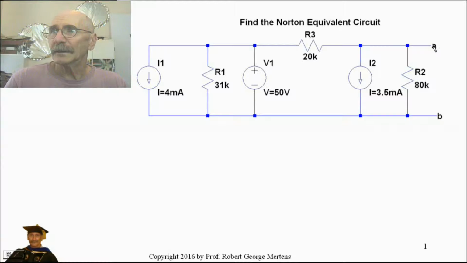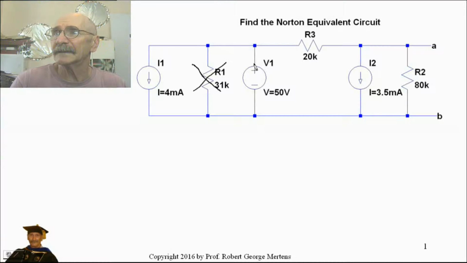And we're going to use some source transformations to work this out. Now what appears pretty obvious is this source transformation right here between this current source and this resistor right here. But what we also have is a voltage source parallel to a resistor, and when you have that, this resistor really isn't going to have anything to do with this because the voltage is going to be the same.